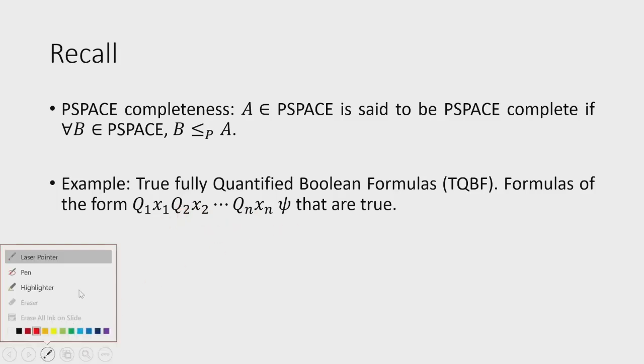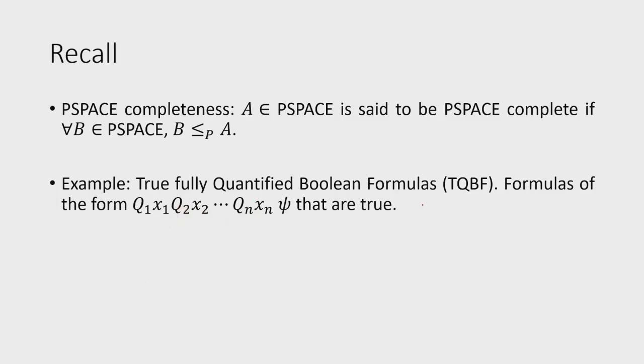For example, here's what a fully quantified Boolean formula in two variables can look like: there exists x1, for all x2, (x1 and x2) or (x1 and x2 complement).